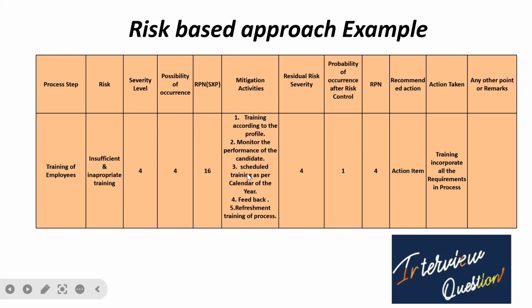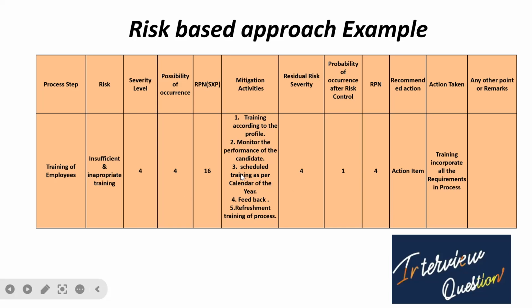So then what is the residual risk? Still suppose severity is 4, and the probability of occurrence after the risk control. After doing this exercise, you have to reduce this, right? You are taking the control to mitigate this risk, correct?